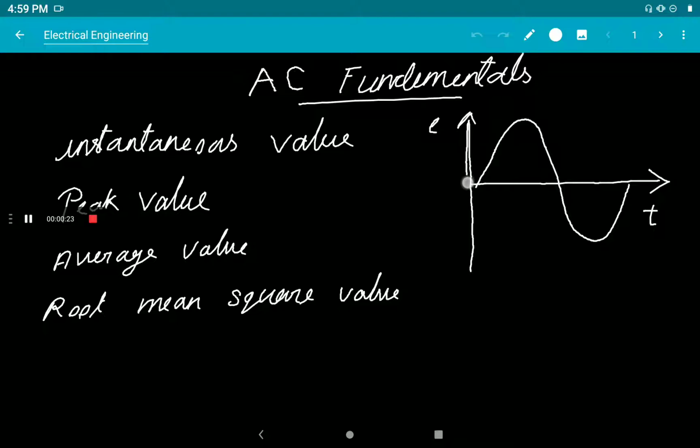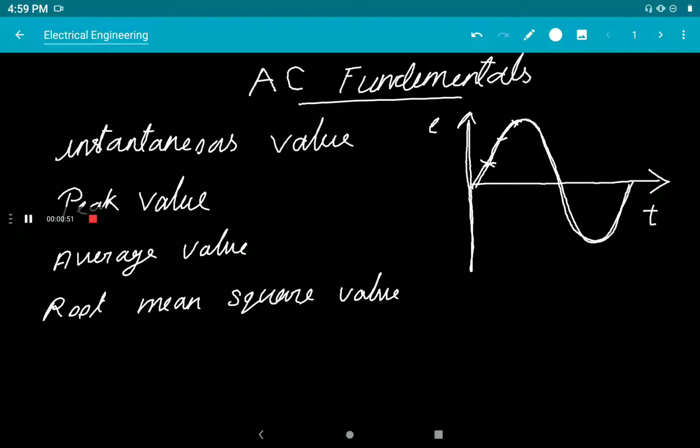A sine wave is a waveform in which the value of an alternating voltage or current at any particular instant can be represented as a sinusoidal waveform. So we can represent voltage or current as a sine wave, and the value at a particular instant can be determined from this waveform.